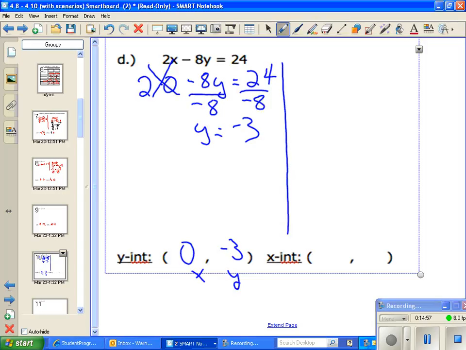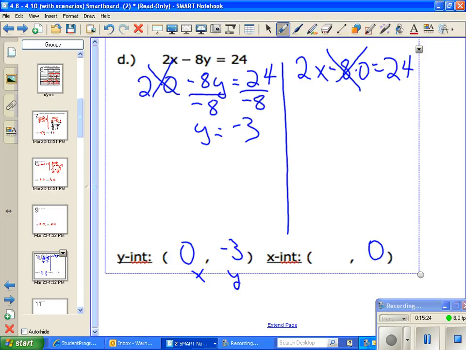Okay, x-intercept, you would put 0 where, Bridget? Okay, good. Put 0 in place of the y. So you would have 2x minus 8 times 0 equals 24. What will cancel out there, Nicole? Right, that's just going to cancel out right there.